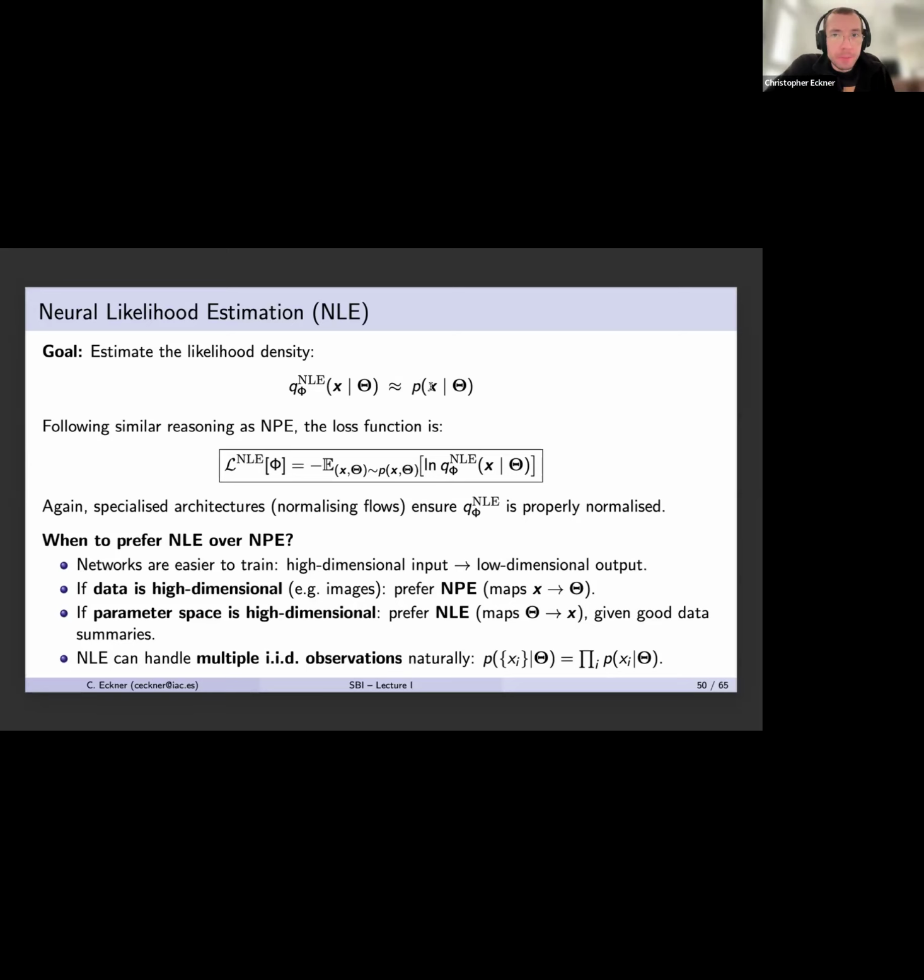The only thing that changes is what your network is describing. While for neural posterior estimation, this neural network architecture was describing a posterior, it now becomes a likelihood. However, you can still use specialized architectures like normalizing flows to learn a likelihood function because intrinsically they are not so different. There's still a function of many variables, so nothing changes with that respect. So it's just the interpretation that changes of what you're learning.